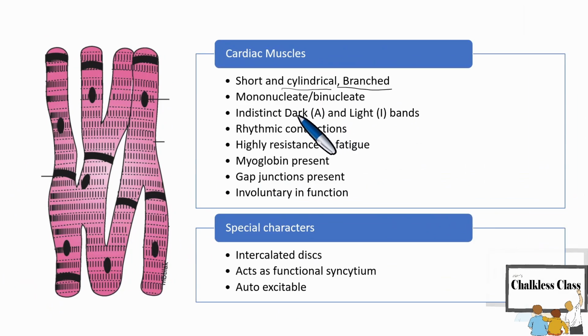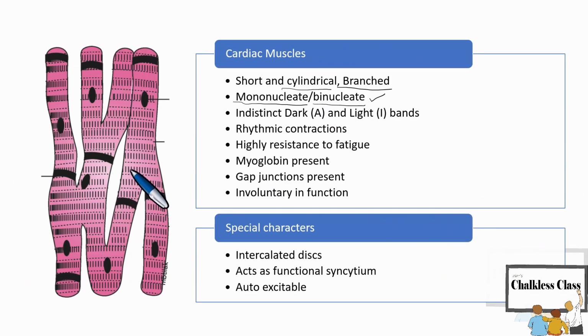These have a single nucleus, mononucleate. See, this is one cell, this is another cell. Each cell has one nucleus. And in the intermediate board book, it is mentioned that they may be binucleate, meaning two nuclei may be present.